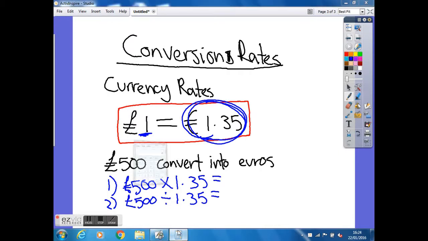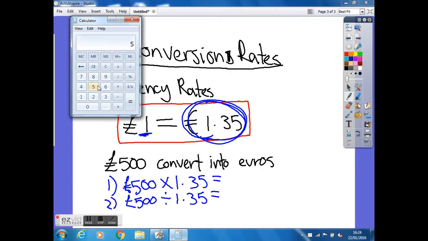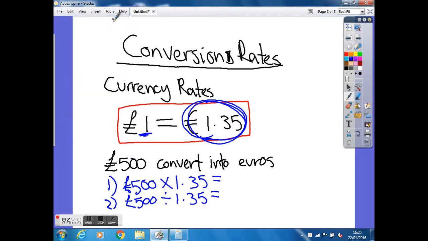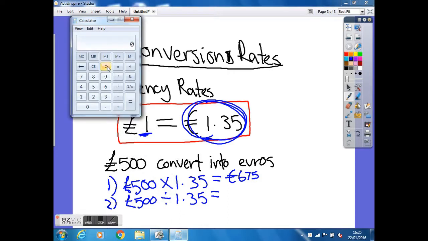So for that top one, if we get the calculator up, that's 500 times 1.35. So we get 675 exactly. So that'll be, remember, 675 euros, because we've been going from pounds to euros. And then for the bottom one, 500 divided by 1.35. So type that in.